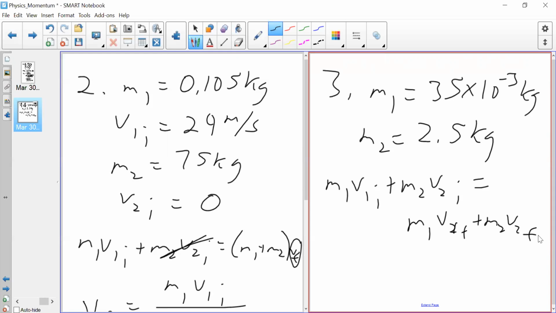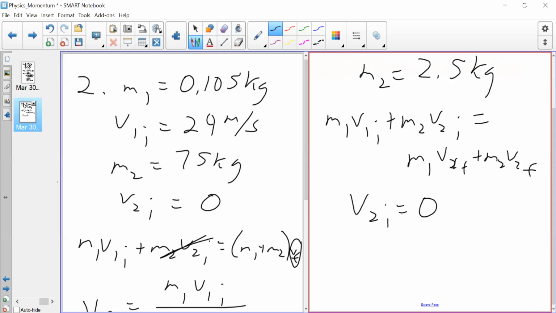And so we have the steel ball, V2 initial 0. Well, it bounces backward at 5. There's some missing information here. Let's see. After the collision, the bullet bounces back at 5. So V1 final, let's say, goes to the left at 5 meters per second.